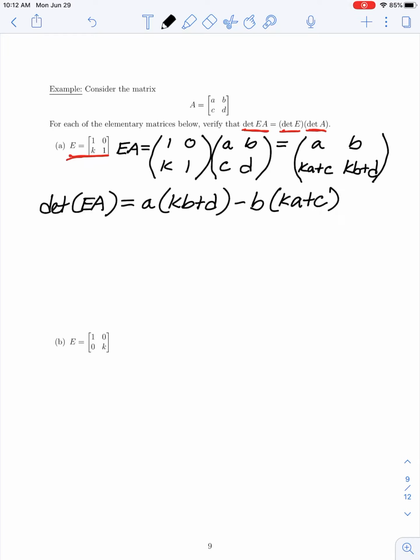And so we're left with, expanding, akb plus ad minus the product of a, k, and b minus the product of b and c. So our plus and minus akb cancel, and we're left with ad minus bc. That's the same as the determinant of A.